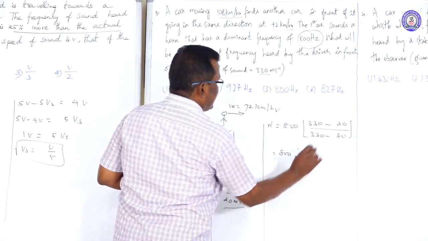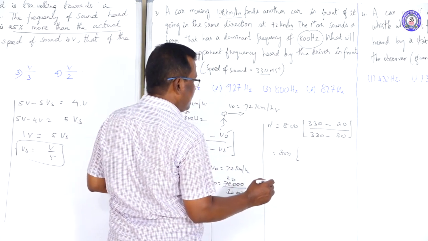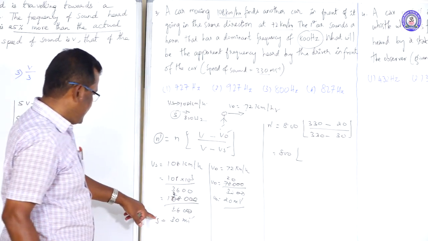So 800 times (330 minus 20) divided by (330 minus 30).